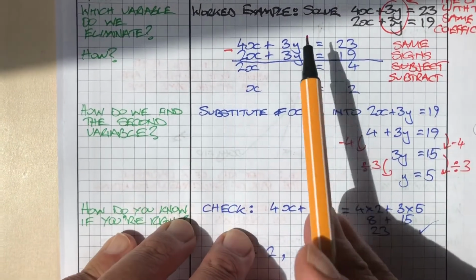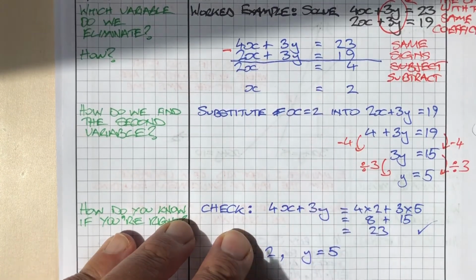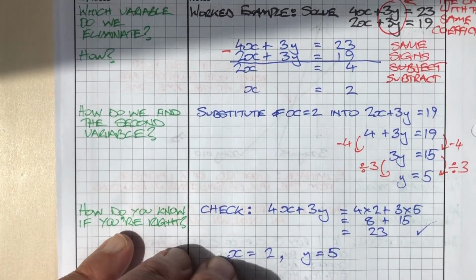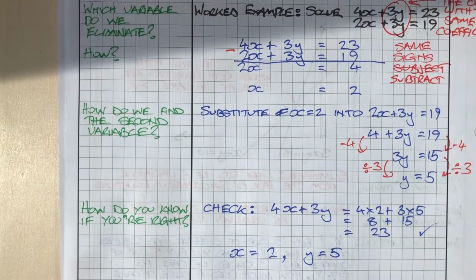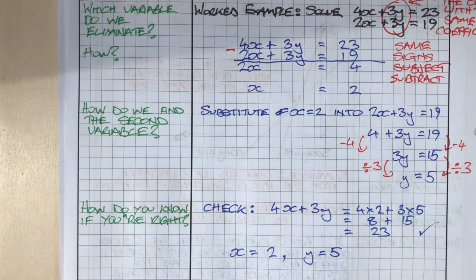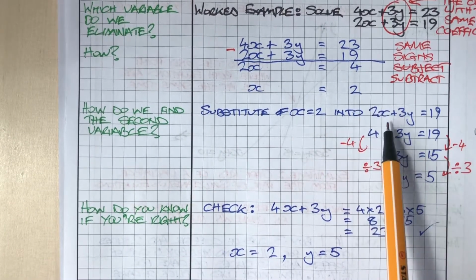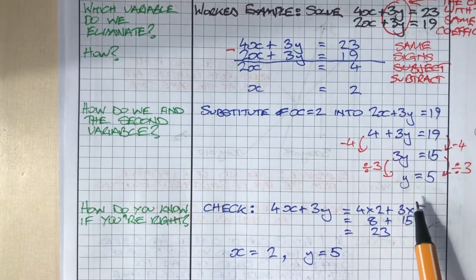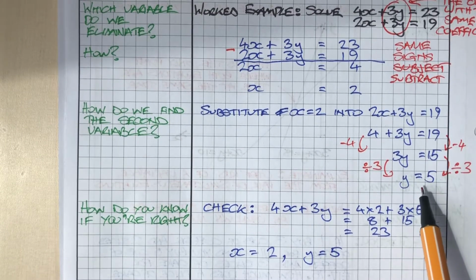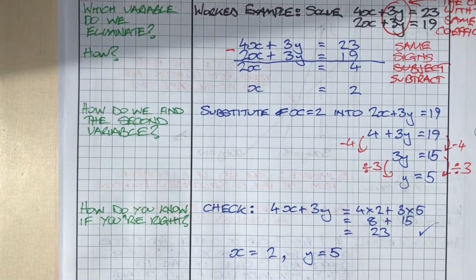If I subtract 3y, take away 3y, I don't have any y's anymore. All right. Once I've got that, replace x by 2 in one of the equations and you can find out what y is. Check it by substituting into the other equation.